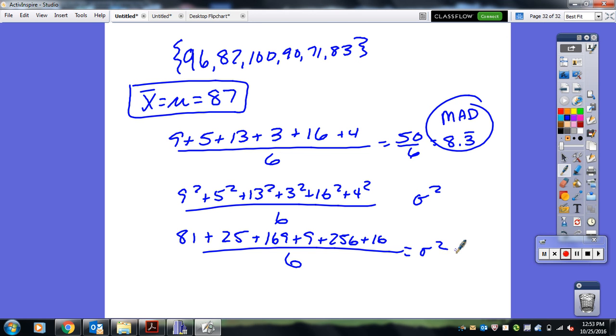When I add all these up, I get 556 divided by 6. So my sigma squared equals 92.6 repeated. How do I find my sigma? Well, I just take the square root of that. And that's 9.63. Let's round to the hundredths place.